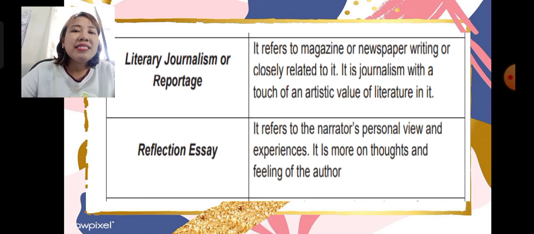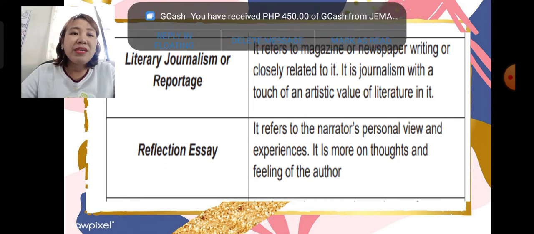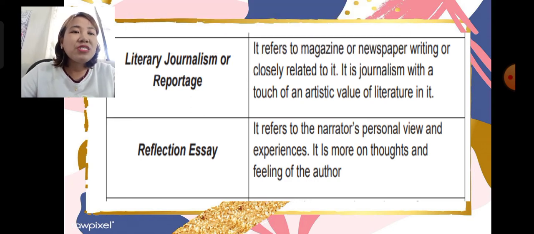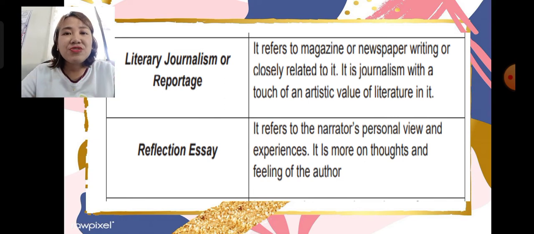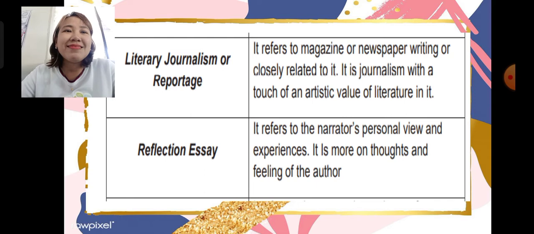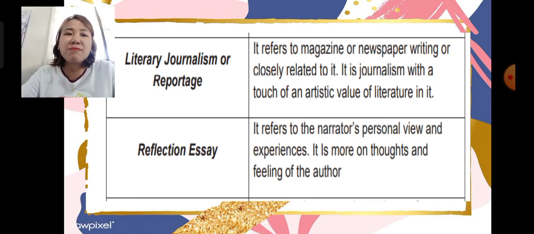So, again, this is literary journalism: magazine or newspaper, or closely related to it. It is journalism with artistic value and literature. We can find all of that there. Okay? So, that is our literary journalism.